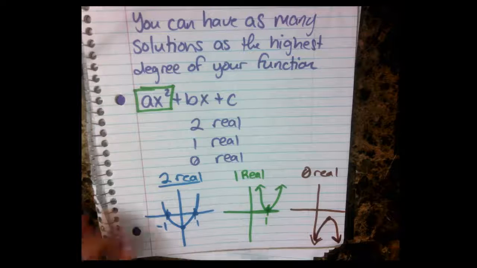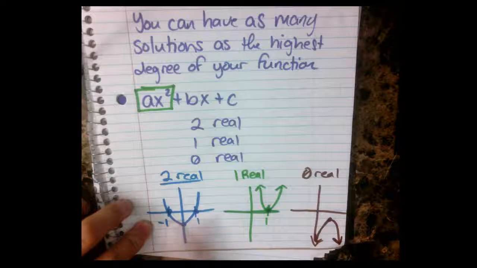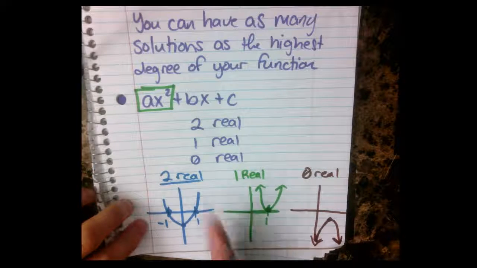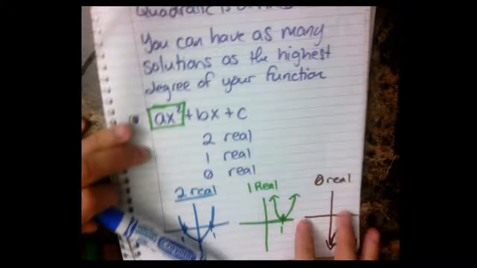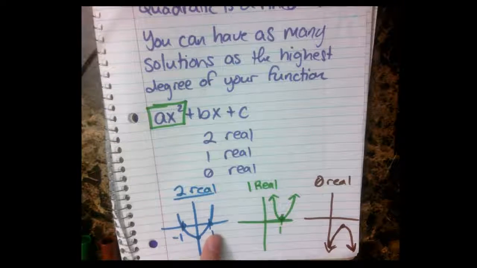So when you graph these, you'll end up with a couple of solutions, and that's all they're looking for. Normally, a problem in your textbook would give you this graph and ask what your solutions are. Well, your solutions are 1 and negative 1, or whatever I label these as.